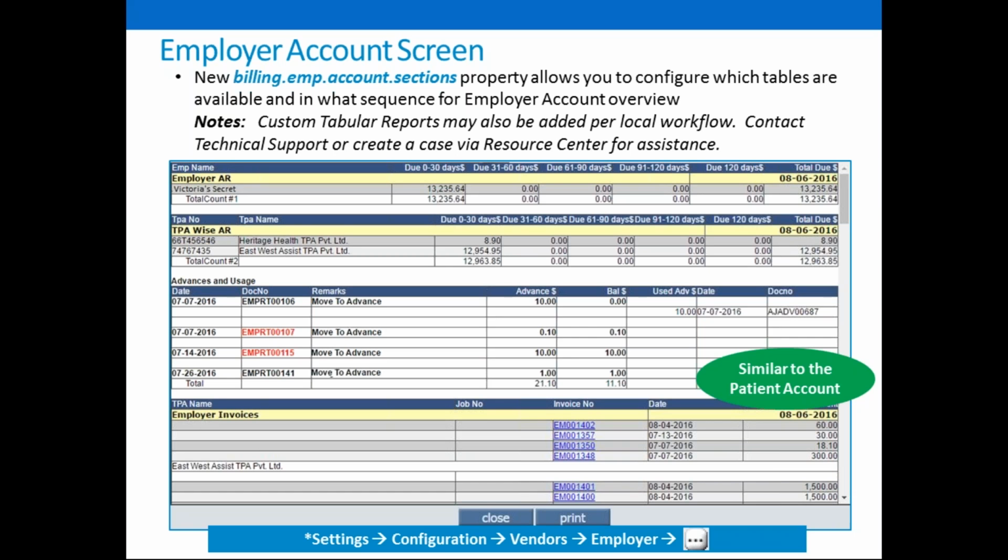So you're going to have their AR summarized here, their aging, their invoices, and so on. This is customizable, as you're going to see towards the end of our session, your account screen for patients is also customizable. So this is what you're going to get out of the box if you do employer billing, but if you want to customize it, you can contact technical support to do so.